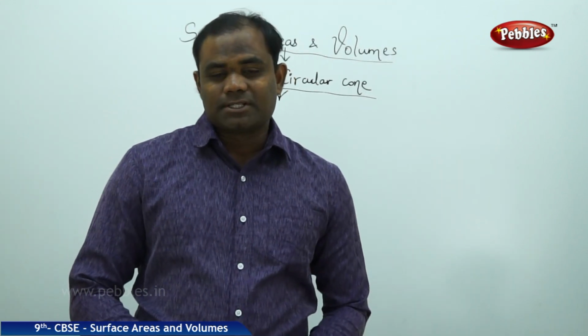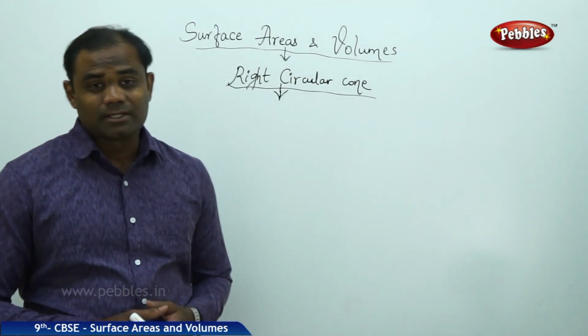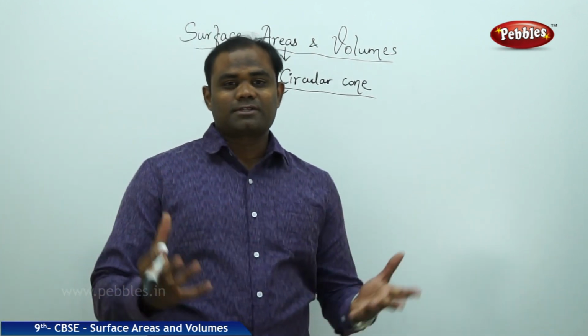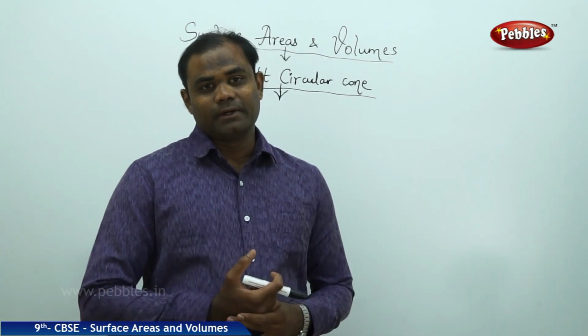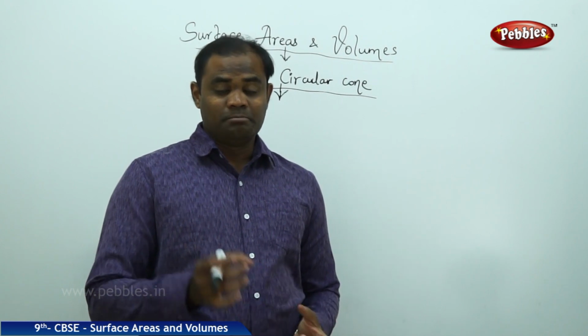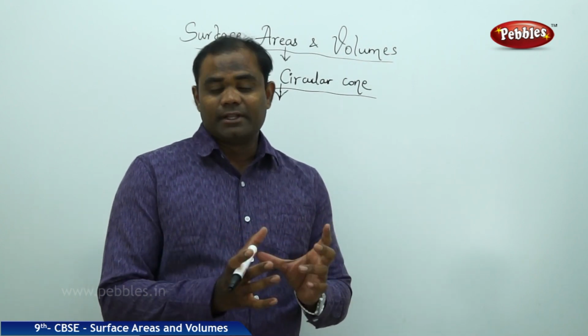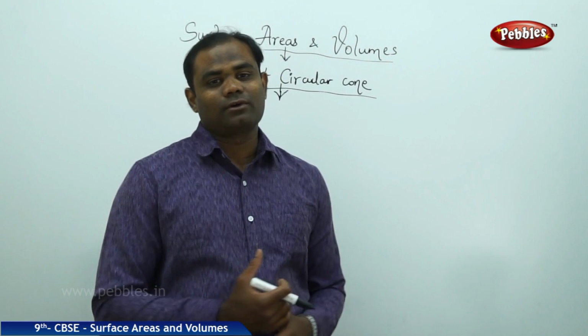Now that we have discussed a cone, or a right circular cone, with its curved surface area and total surface area, let's find the important relation between the radius, height and slant height of a cone.